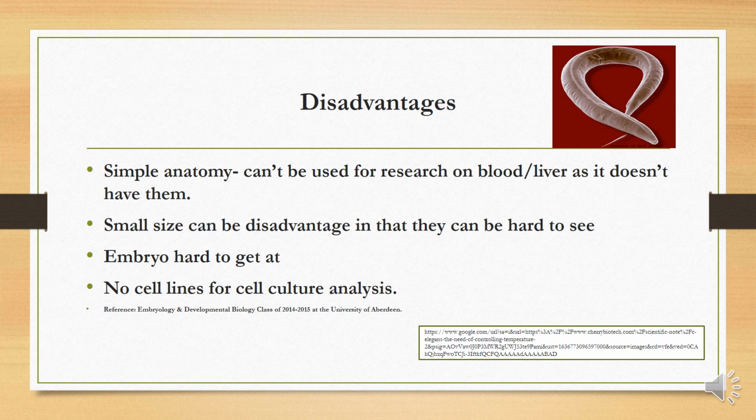It has a small size which sometimes becomes difficult to see the organism, because it has only a size of 1 millimeter. Then also the embryo is hard to get at, and no cell lines for cell culture are present for the analysis. So these are some of the disadvantages of C. elegans that can be faced by researchers when it is used as a model organism.